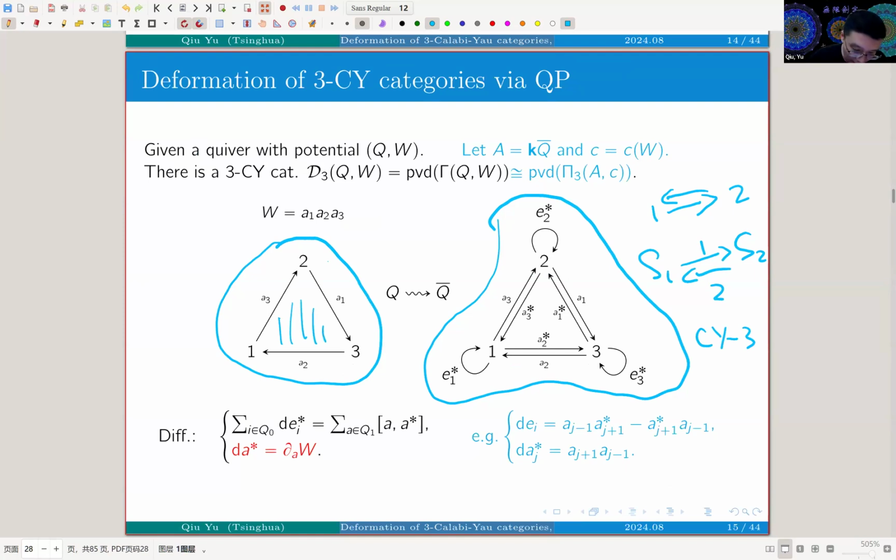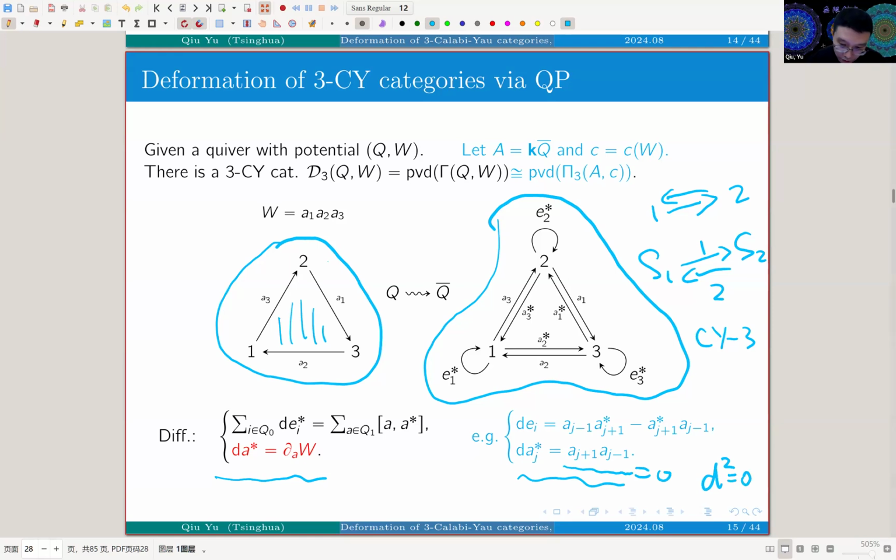Each time you have this cycle, you can add some differential, which you should understand as some relation. So in this example, if we have partial d A_j star equals a_{j+1} a_{j-1}, this should equal 0, because you have d squared equal to 0.